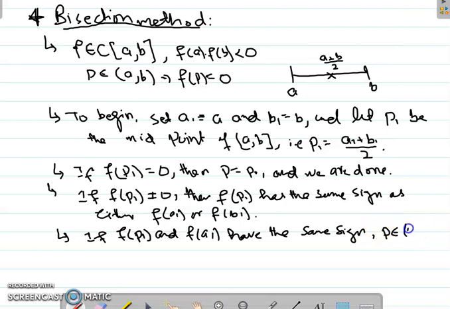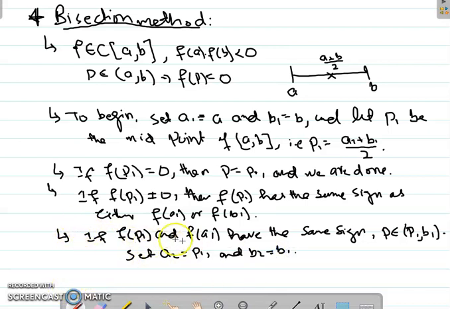So p belongs to [p1, b1]. In this case, for the next iteration, we will set a2 equal to p1 and b2 equal to b1.